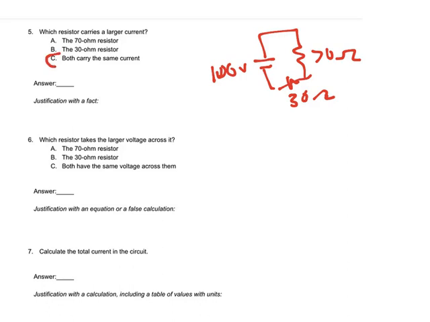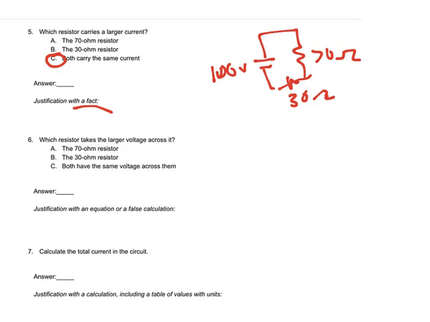Well, it's only one path, and current is the flow of electrons, so they can only have the same current. And so that would be the fact that series resistors each carry the same current, which is equal to the total current throughout the circuit. And then which resistor takes the larger voltage across it?